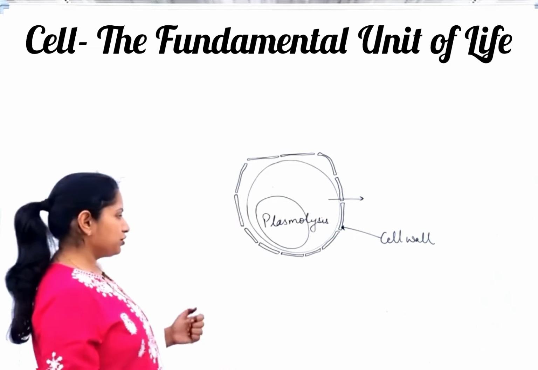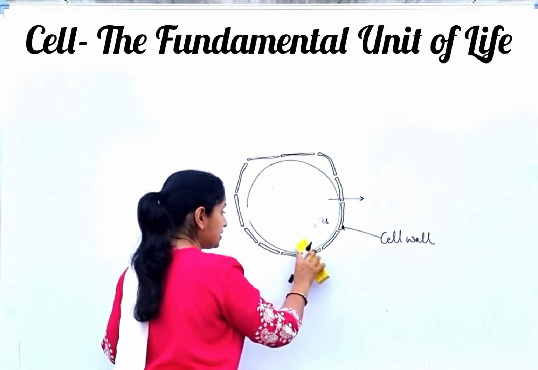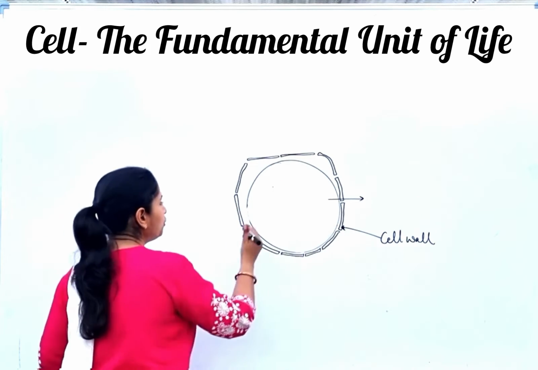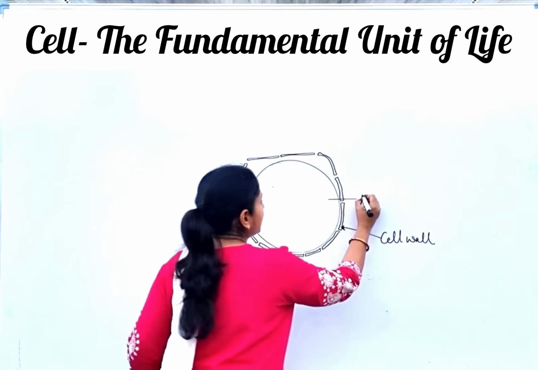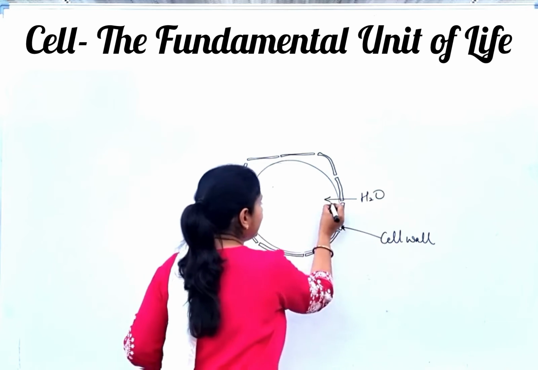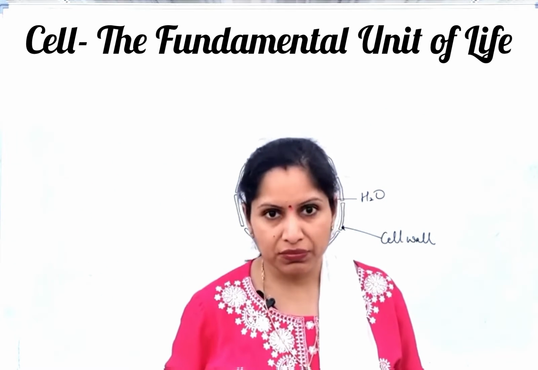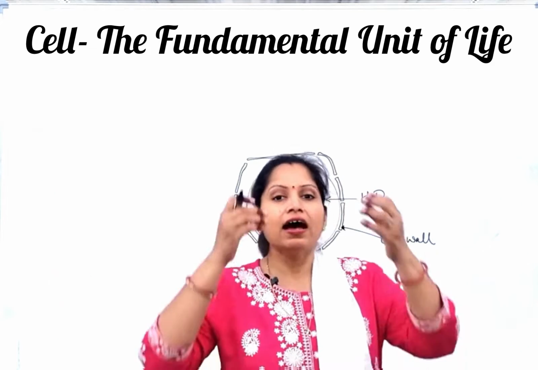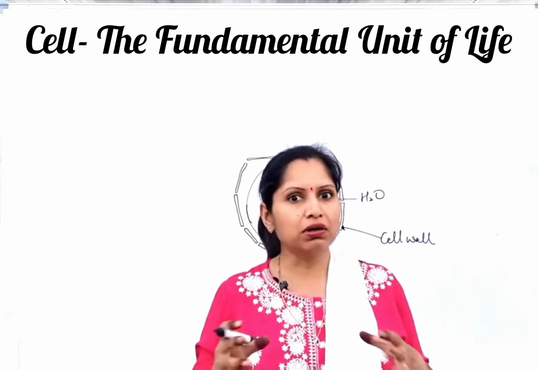Next, what would happen when endosmosis is there? I told you in the previous video also that in case there is endosmosis, means a plant cell is kept in a hypotonic solution. When the plant cell is kept in a hypotonic solution, then water from outside will enter inside the cell and the cell is going to swell up. If it is an animal cell and too much water enters into the cell, then the cell can burst.